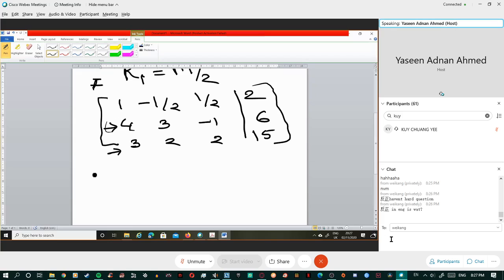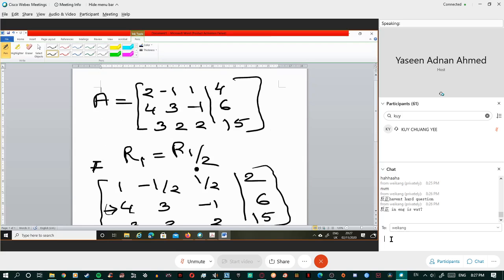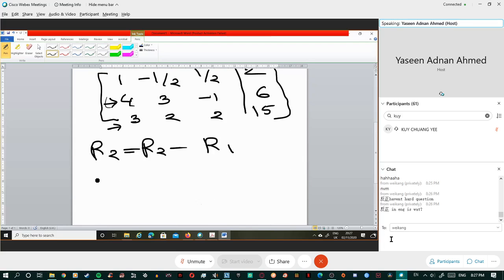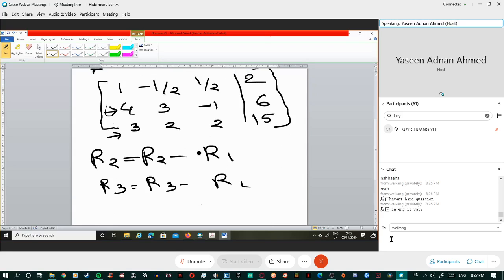So how we write that, we will change the row 2. So new R2 will be R2 minus R1. Okay, and then new R3 will be R3 minus R1. So you can see there is a gap. We need some coefficient. So that coefficient of R1 is 1.